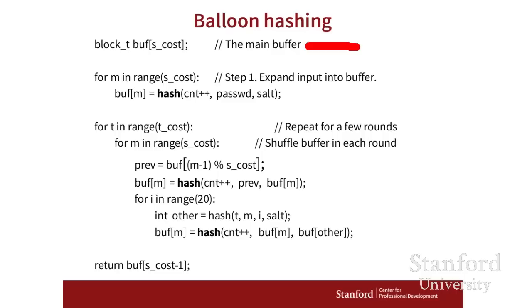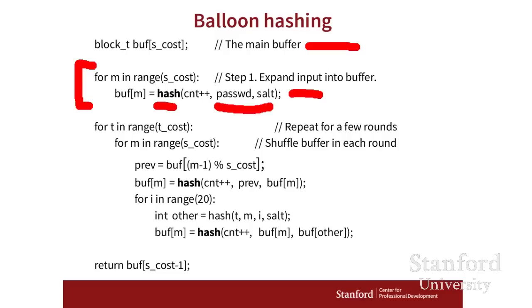The next thing we do is fill up this buffer using values derived from the password and the salt. As you can see here, we're hashing the password and the salt, and all we're doing in this loop is filling up the buffer using values derived from the password. We're using a hash function here, which would just be something like SHA-256.